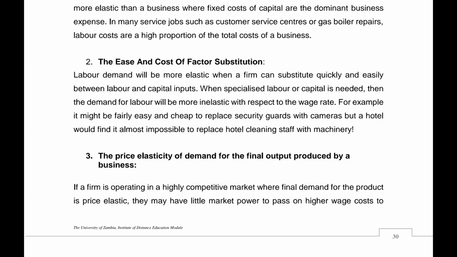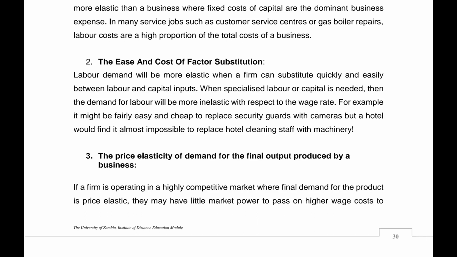This is very important. If it is easy for a firm to switch from human beings to computers and machines, without so much cost, that is even cheaper, then you will see the firm changing and heading towards that.